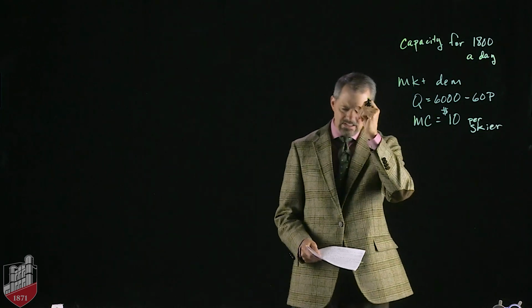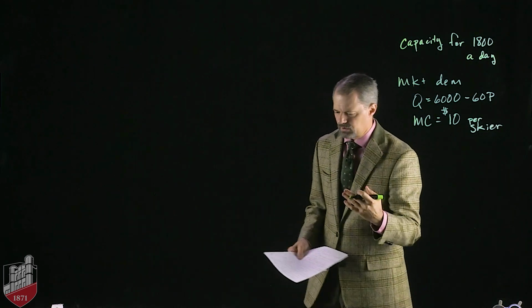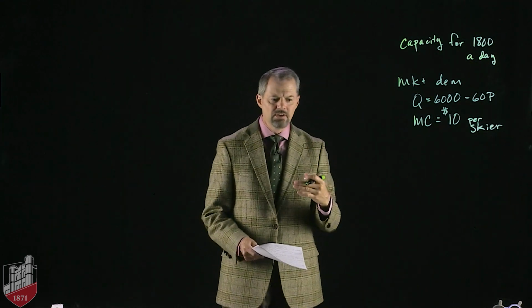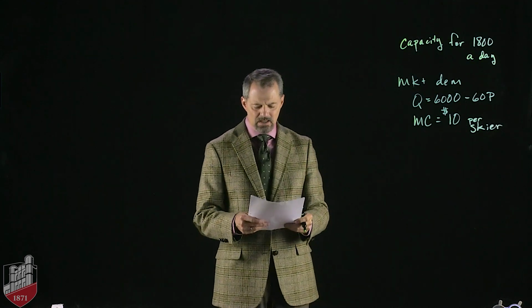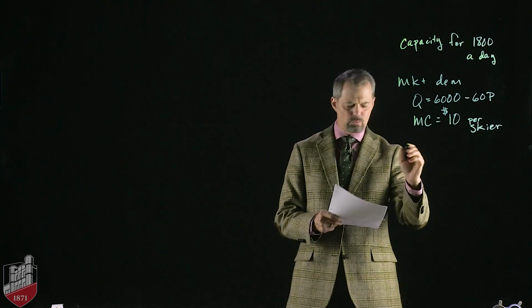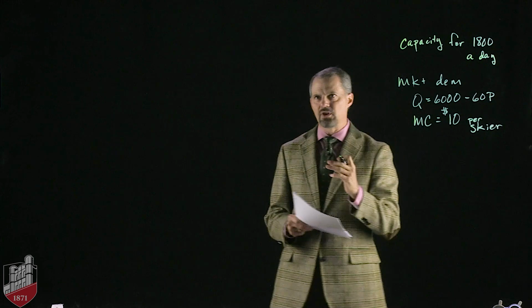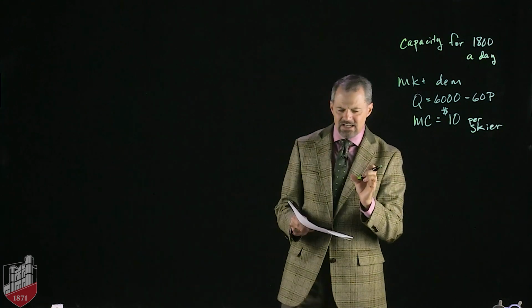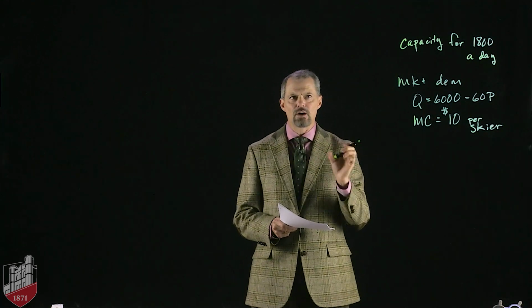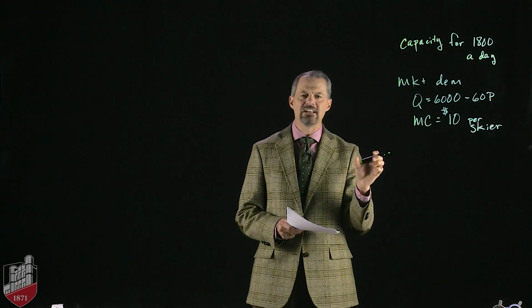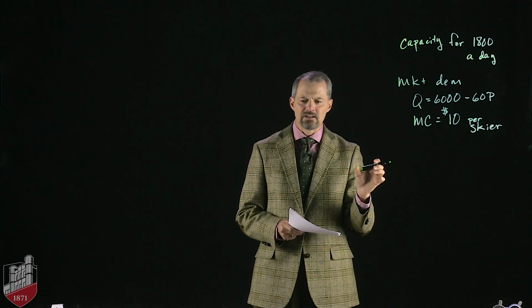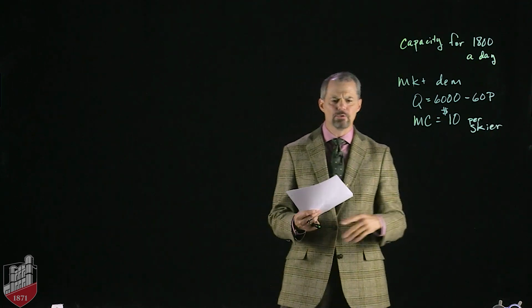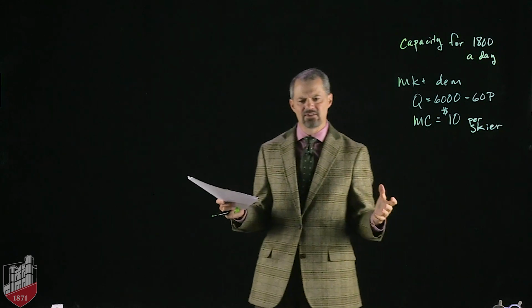Now, here's what we need to do. We need to introduce an assumption in order to simplify the problem a little bit. We need to think about who a firm is going to sell to if it faces excess demand. So let's think about something that you've seen someplace else where you have this situation.